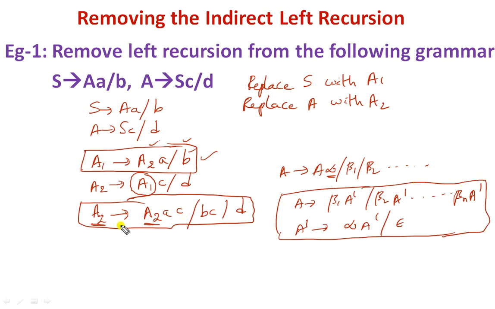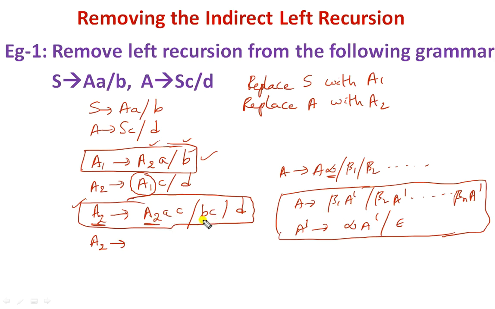Now let me apply these production rules to this particular production rule: A2 generates A2AC or BC or D. What is beta 1 here?